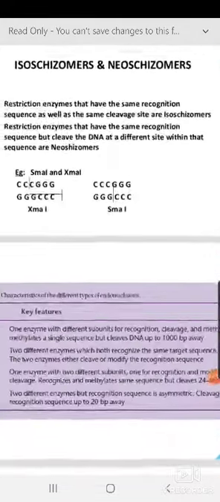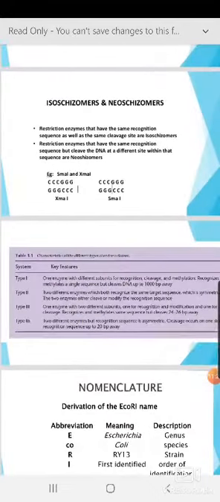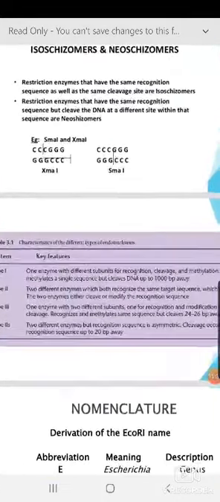Now come to the different types of restriction enzyme. There are four types of restriction enzyme. This is a very examiner's favorite question. There are four types: type 1, type 2, type 3 and type 2S. You need to discuss a little bit more, not like what we discuss for undergraduate students.